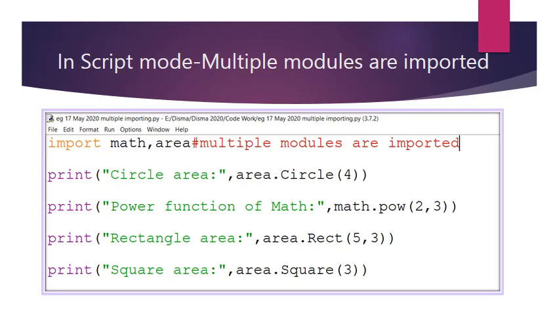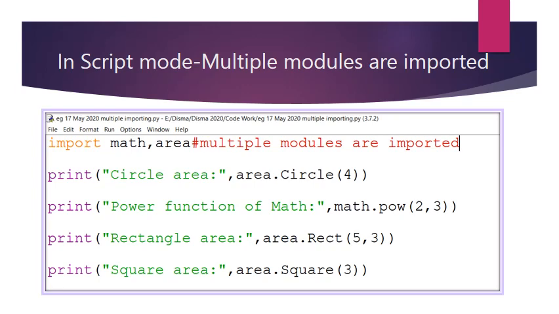In the second print statement, I have used the power calculation function of the math module with two values, 2 and 3. So it will calculate 2 raised to 3 and 8 is going to become the output of this print statement. In the upcoming two print statements, I am calling the rect and square functions of the area module.